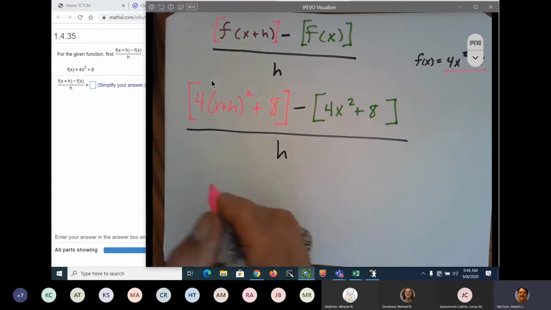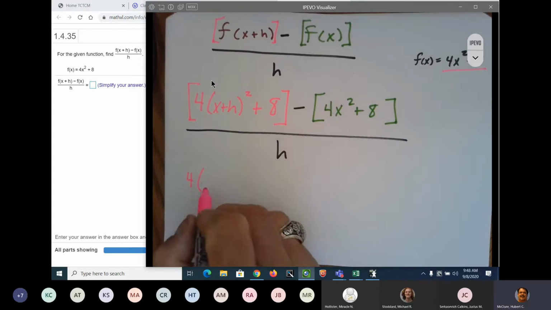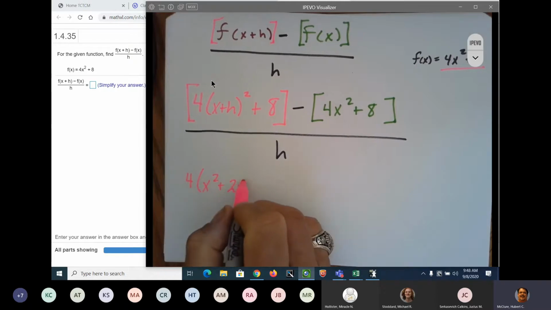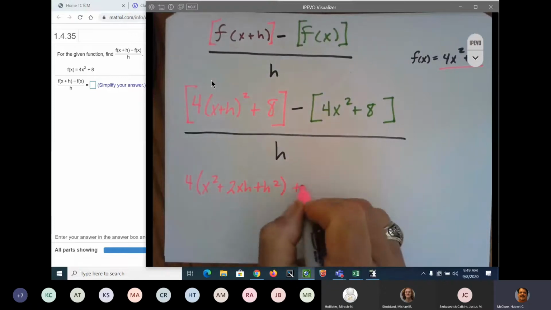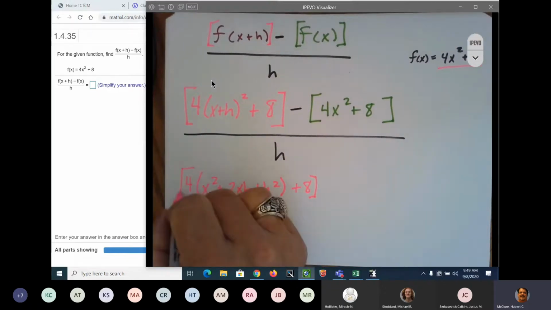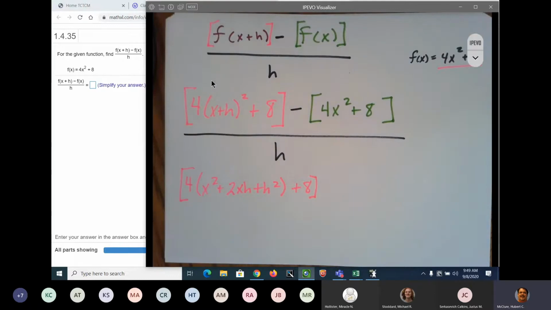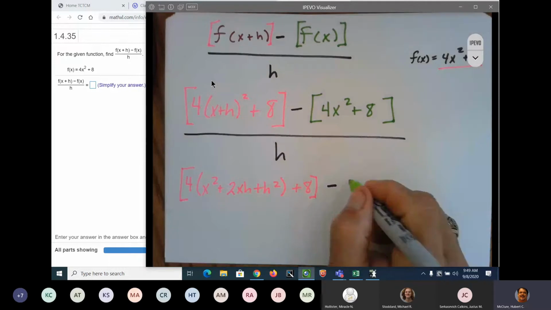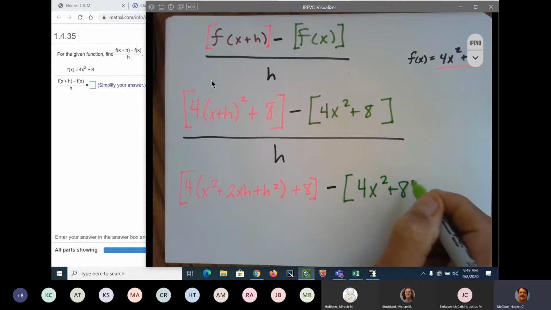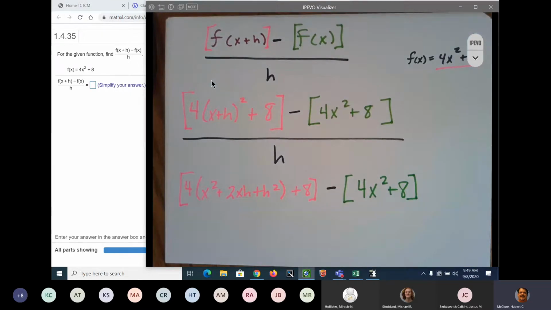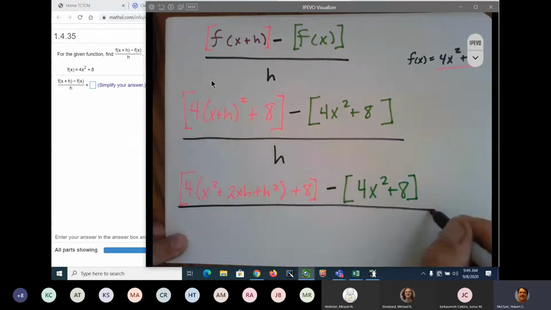So that's going to give us 4 times x squared plus 2xh plus h squared, shortcut number 1, plus 8 minus, the things I do for y'all, all these colors, animation, 4x squared plus 8, all that over h. Okay, now, as I tell them in calculus, now it's nothing but algebra.